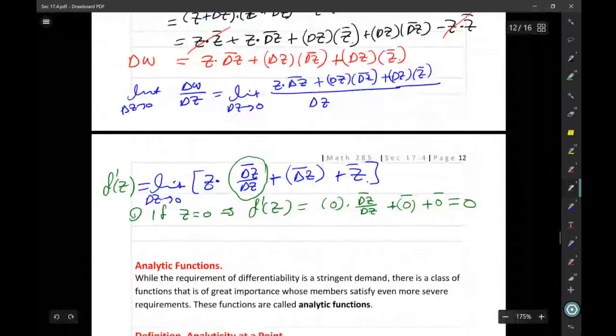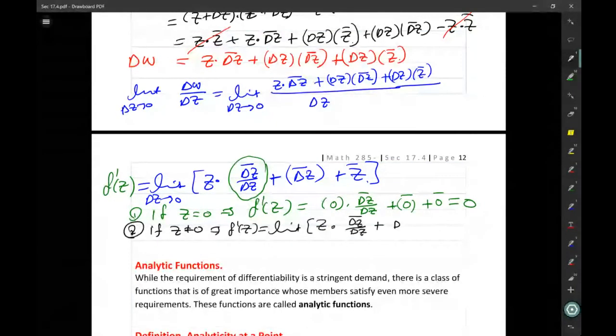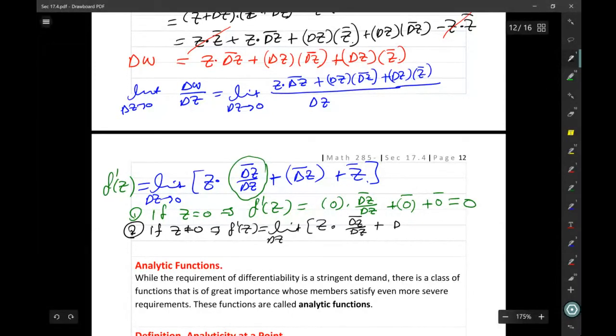Now a second case, if z is not equal to 0, f prime of z becomes the limit of this one in the blue color: z times delta z conjugate over delta z plus z conjugate.